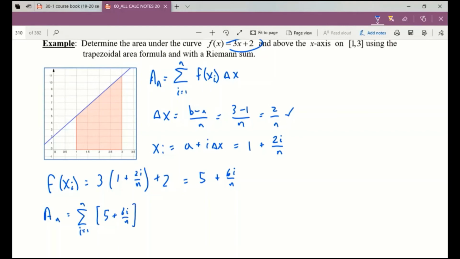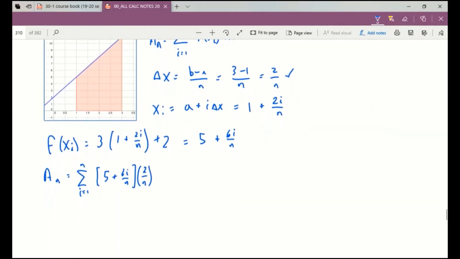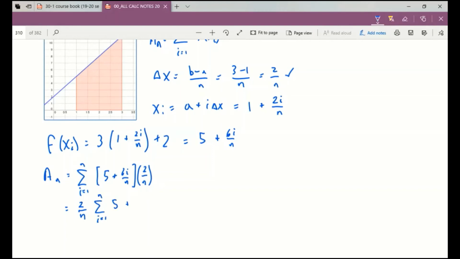Those are your heights. Your width is 2 over n. We can factor out this 2 over n. We can pull that out of the summation. The summation just depends on i. And so this is the summation as i goes from 1 to n of 5 plus 6i over n.